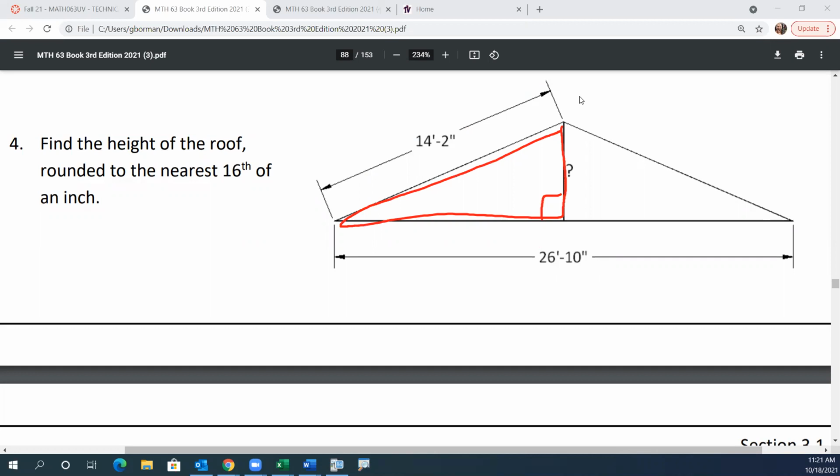And let's leave it 1/16 of an inch. And let's say it is 16 foot, 6 inches. And this guy here is 30 foot, 8 inches.